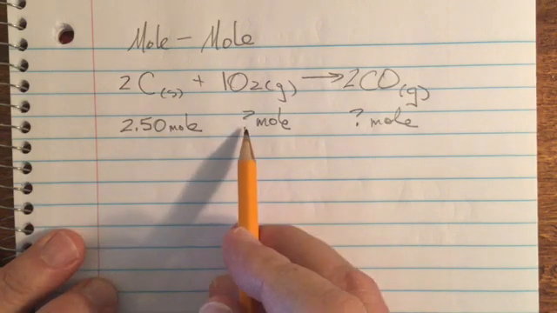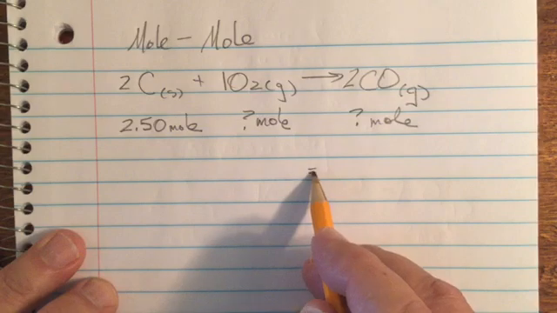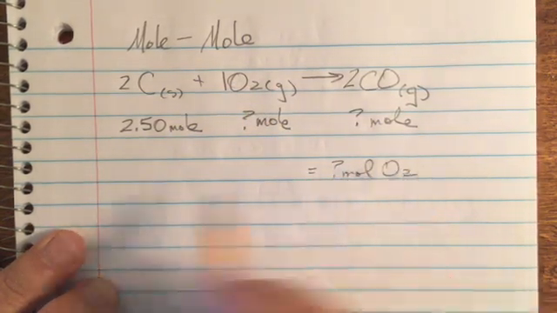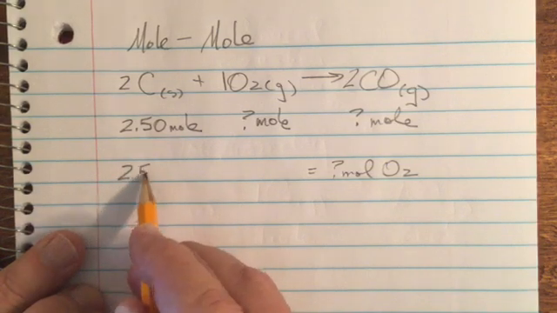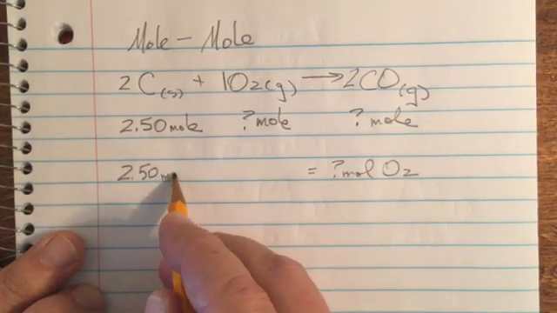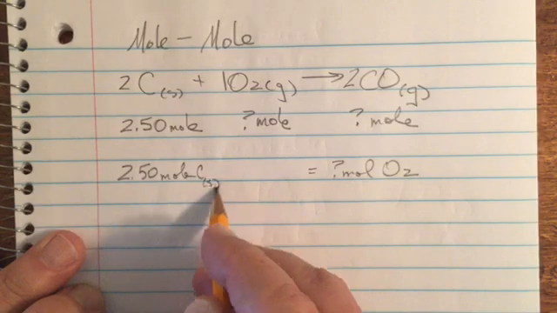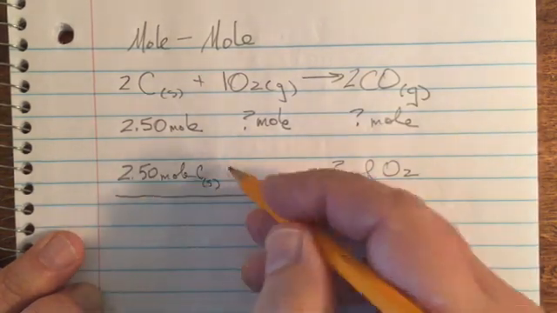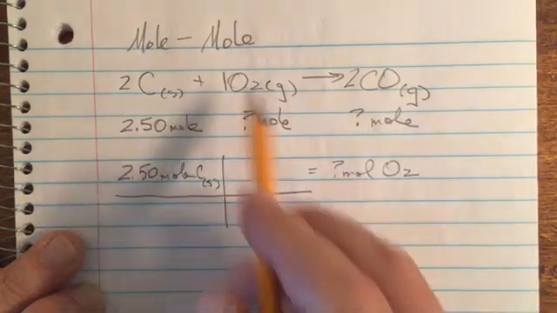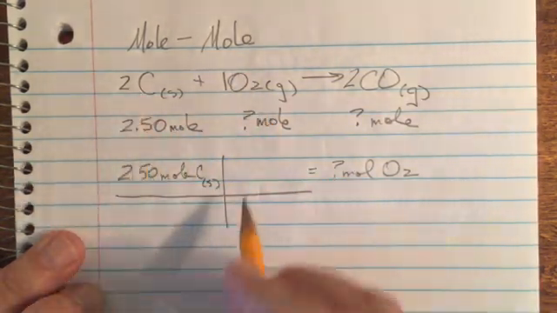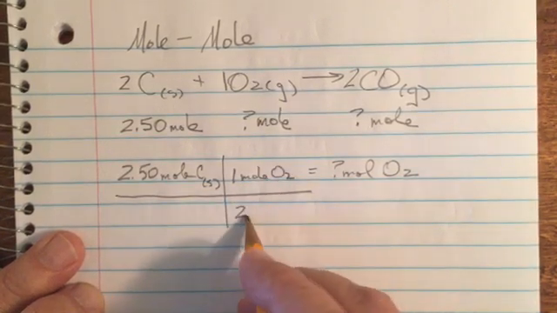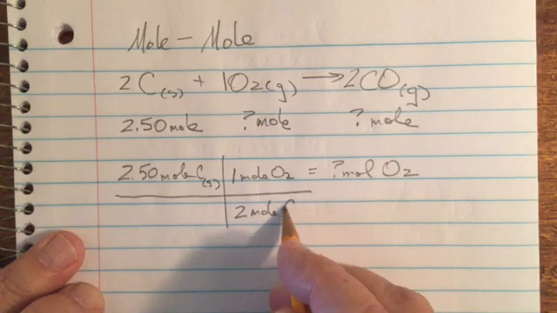First, let's write down the process of problem solving by first writing down what we're looking for. The number of moles of O2. We're starting with 2.5 moles of carbon. How do we get from this number to this number? Well, we apply a unit factor that is the ratio of O2 to carbon, which is 1 mole O2 for every 2 moles of carbon.